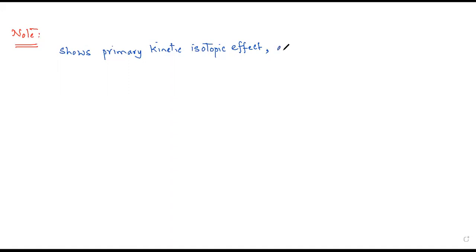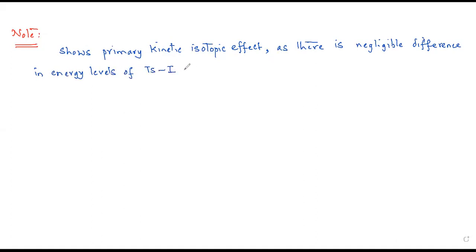It is because there is a negligible difference in the energy level of the first and second transition state of the free energy diagram what I have given, right? So this is very, very important. Negligible difference in the energy.